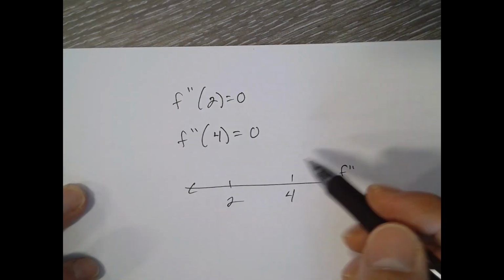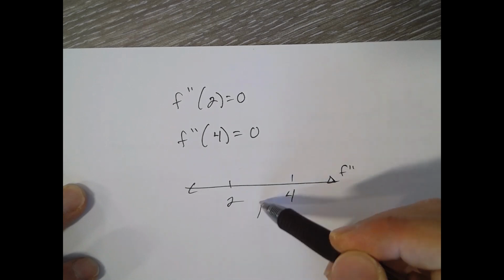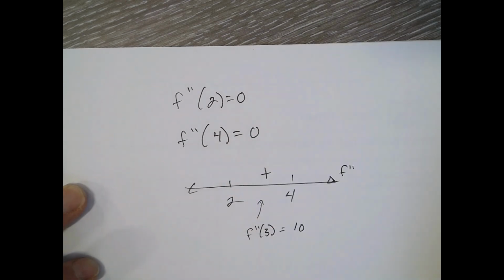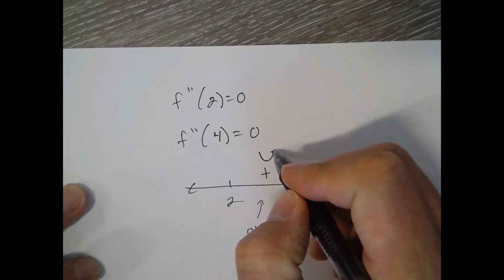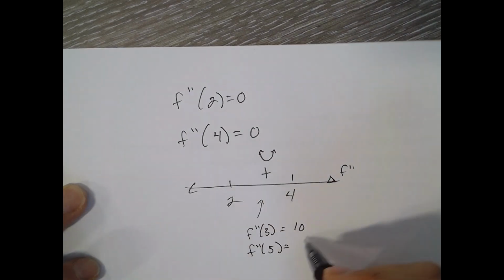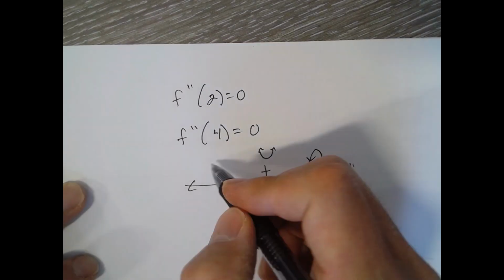You want to see if it's concave up or down in the interval, so you try 3, and f double prime of 3, let's say it's 10, so that's positive. So that means it's going to be concave up here, and maybe f double prime of 5 is negative 2, so it's going to be concave down here, and say concave down here.